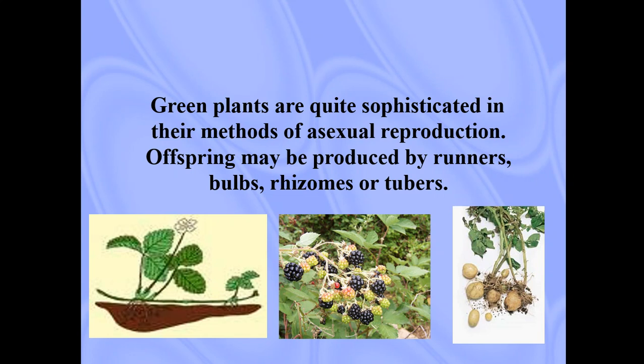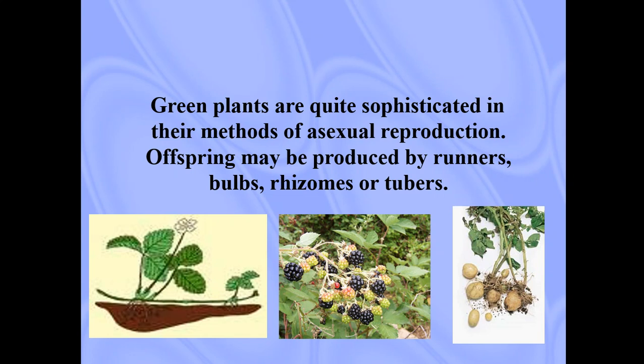Also with the bulbs. Okay, so pag sinabing bulbs, these are short, underground stems with fleshy leaves called scales that store food. Examples are tulip, onion, di ba? Yung onion. So kapag tinanim mo siya, yung scales niya nagsstore ng food. Okay, so these are underground stems. Okay, so we have also rhizomes.